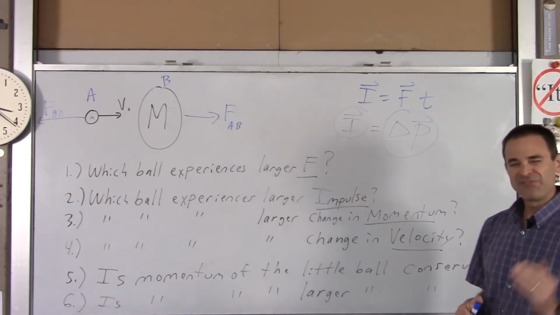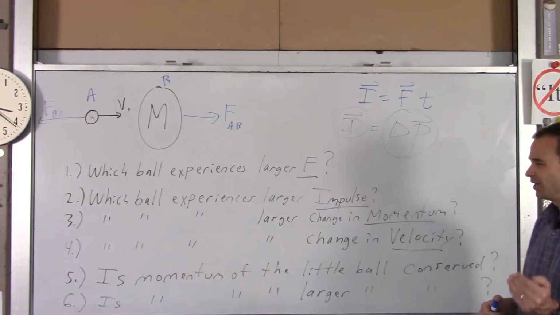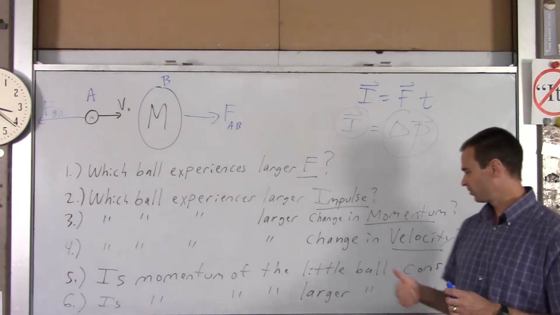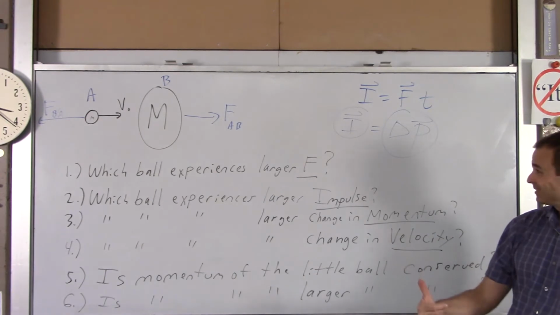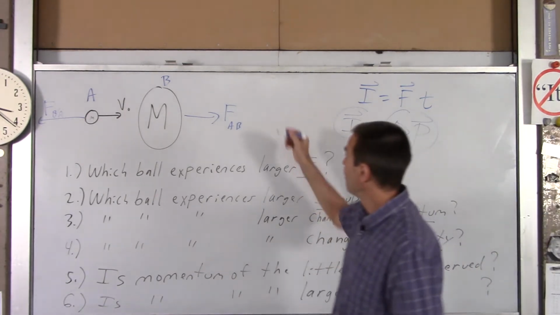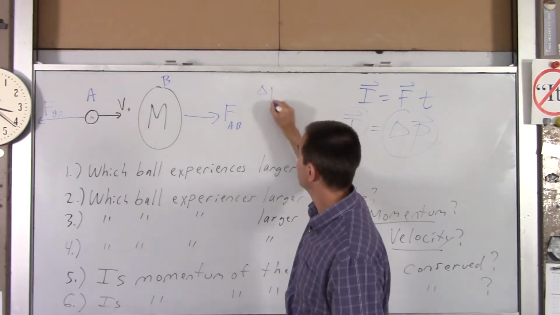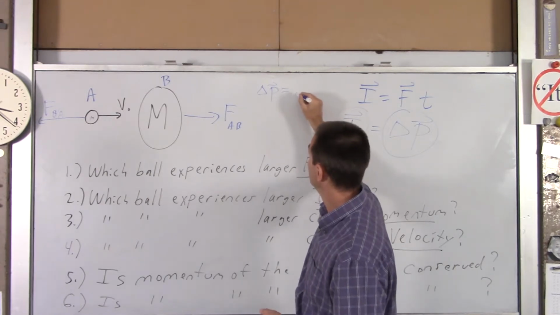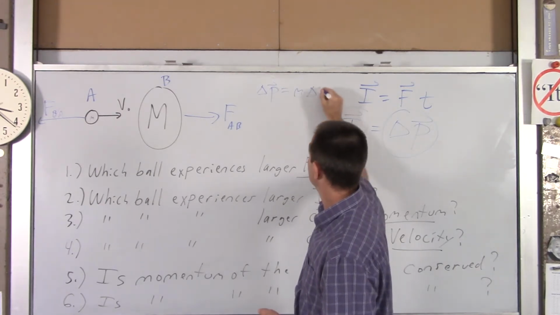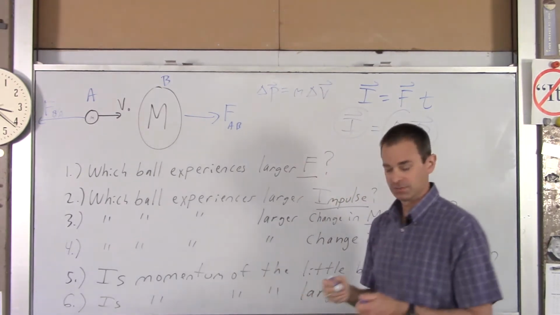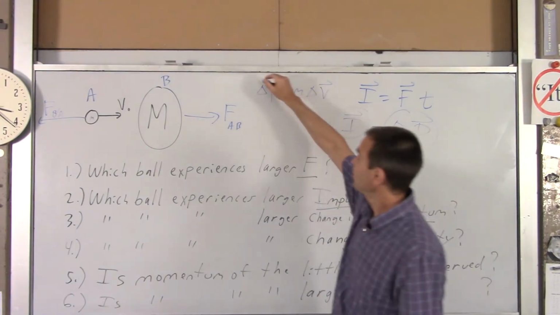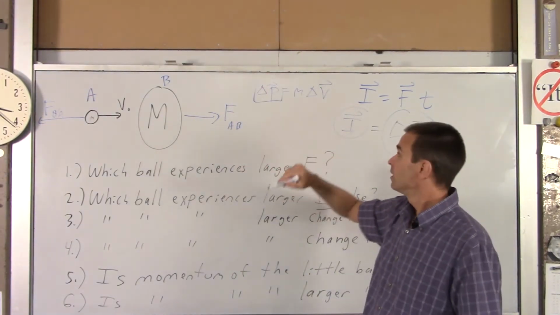Question four is where we finally get a different answer, okay? Which ball experiences the larger change in velocity? Well, momentum, or in this case, change in momentum, is equal to m change in velocity, all right? Well, they both have the same change in momentum.